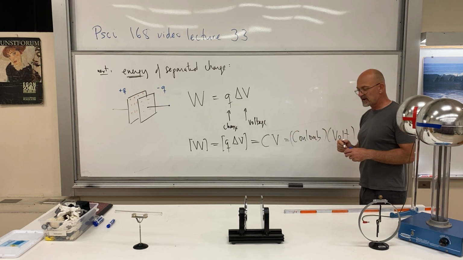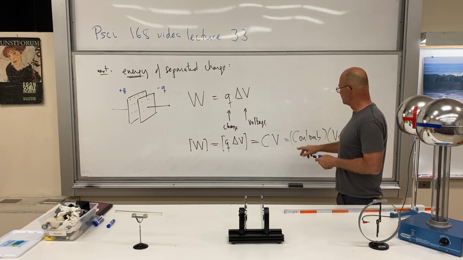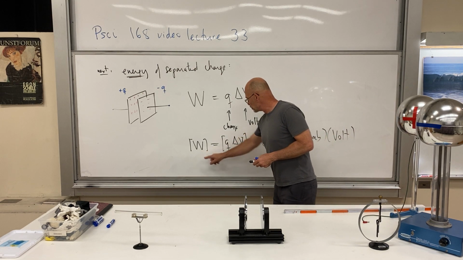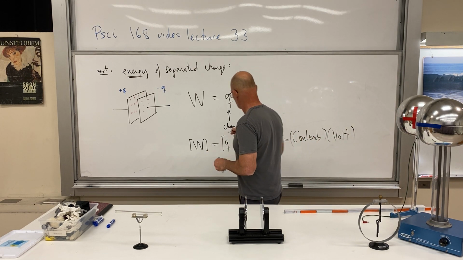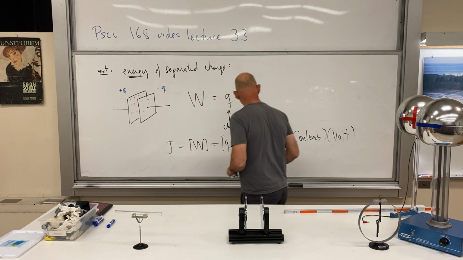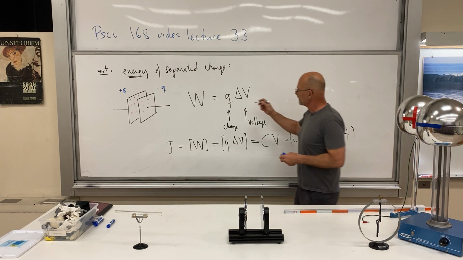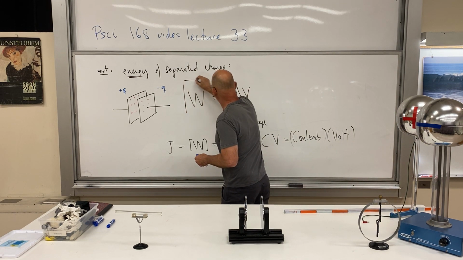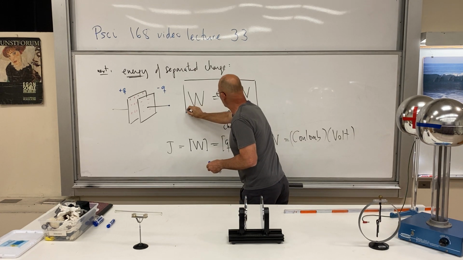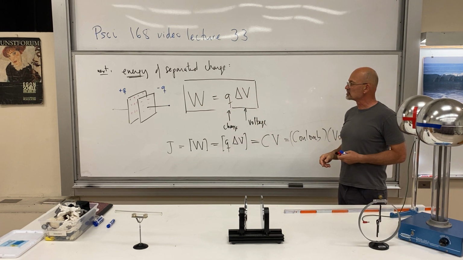Okay. So we're already on seemingly more familiar ground, the voltage. If you take coulombs times volts, you get joules. Let's even remind ourselves, that's the joule. So the joule is the coulomb times the volt. Important formula right here. So that was the energy of the separated charge.